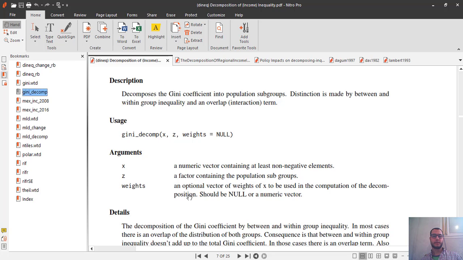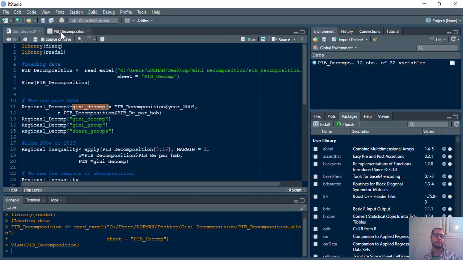X is a numeric vector containing at least non-negative elements. This is my vector.